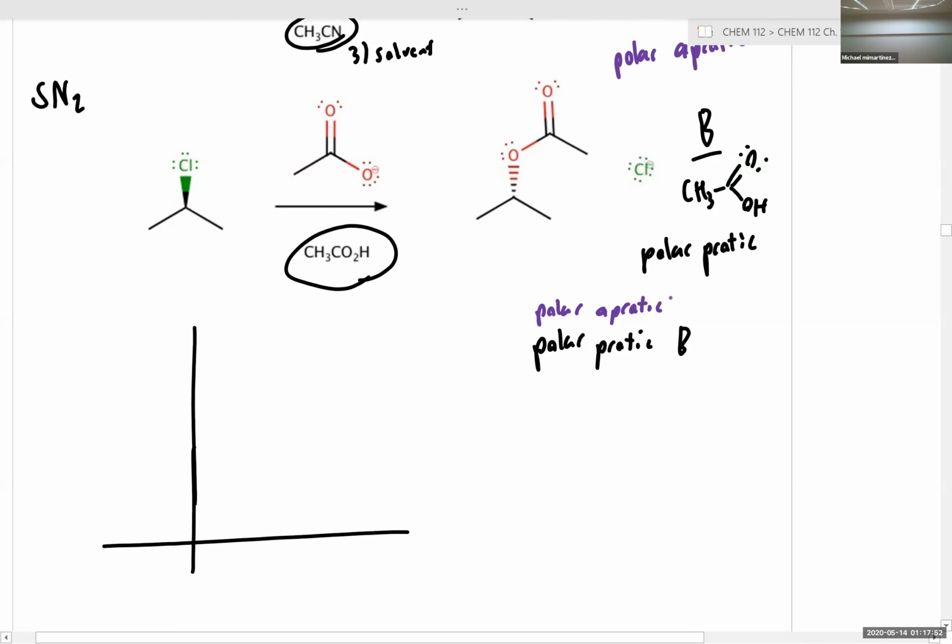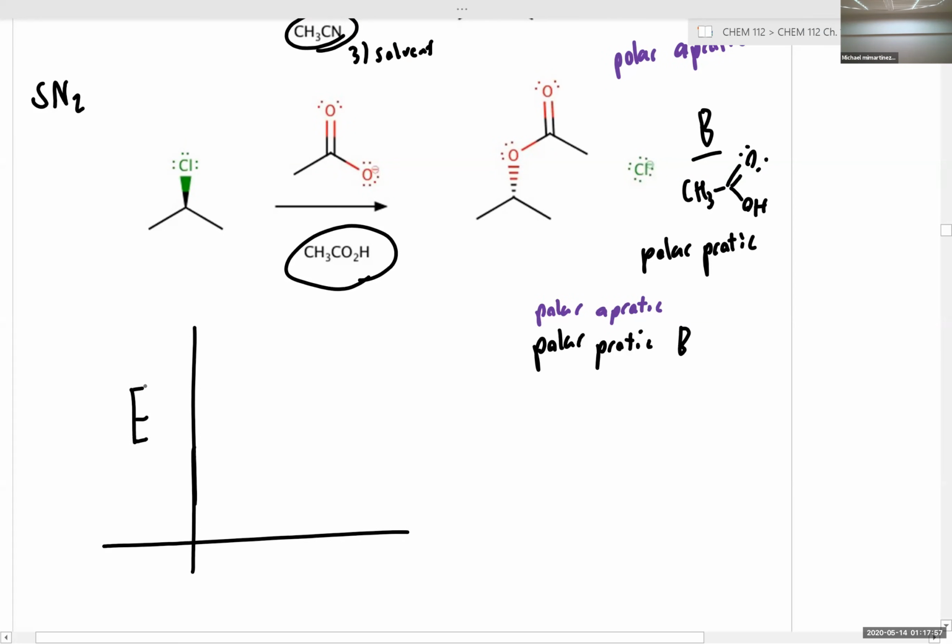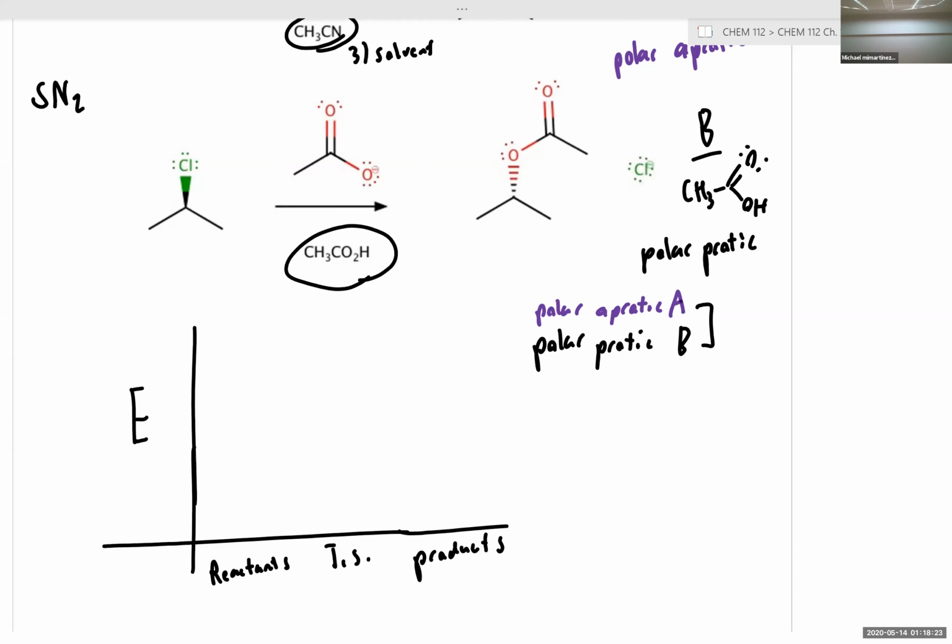So then, what changes when we change our solvent? We have our reactants, we have our transition state, and then we're looking at our products. Which one of these is going to change when I change my solvent?